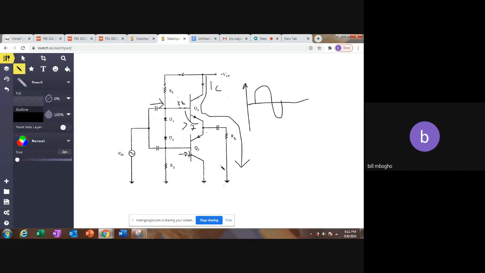But during the second half of the cycle, this transistor goes off while this transistor goes on into conducting. What happens is, because of this capacitor, during the first cycle the capacitor was charging by default.